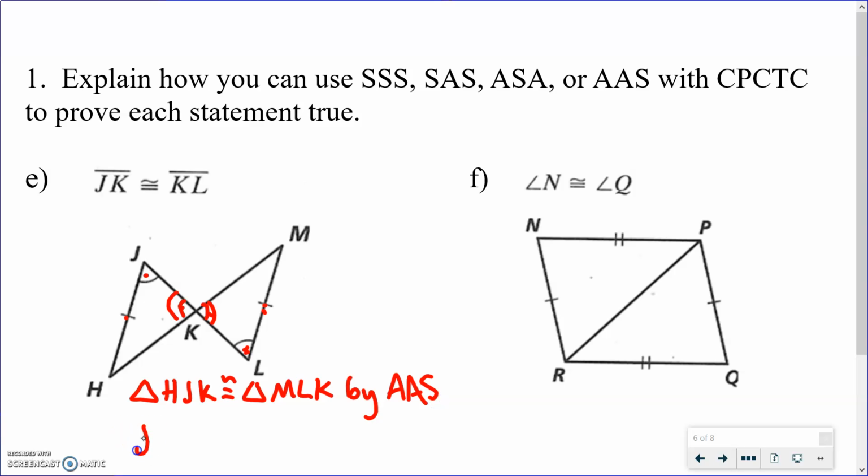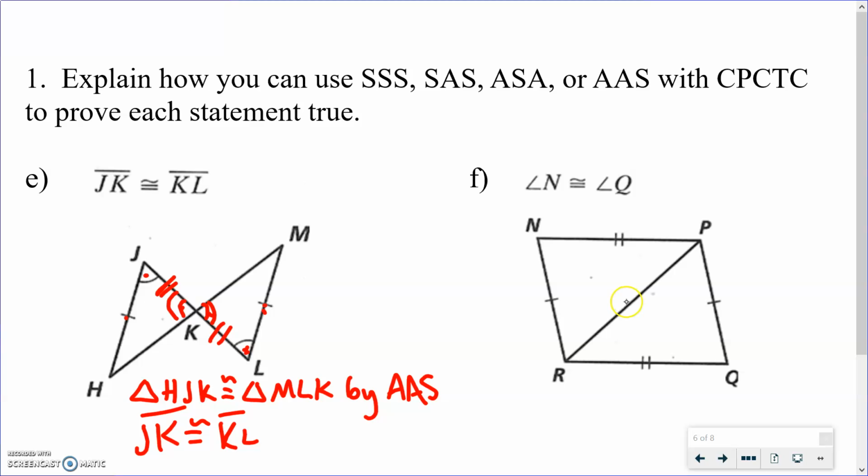So then we can say that side JK is congruent to KL by CPCTC. So that's this side that wasn't labeled. We are now saying that. So again, it's something that's not labeled that we can figure out and say that it is congruent once we've proved those two triangles are congruent to each other.